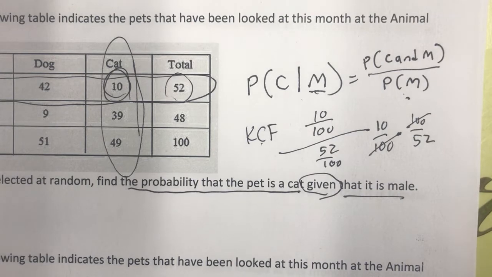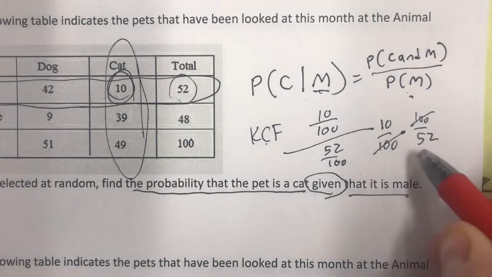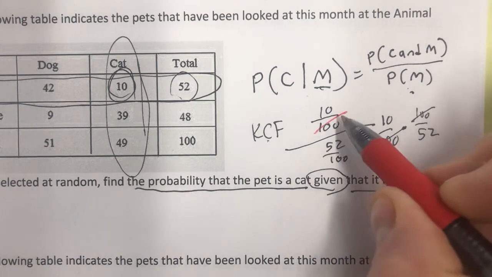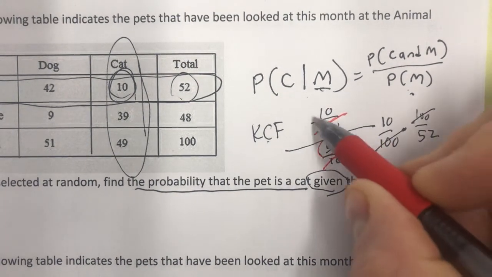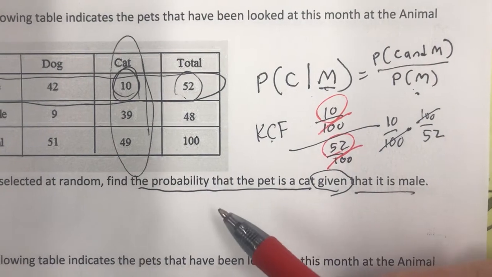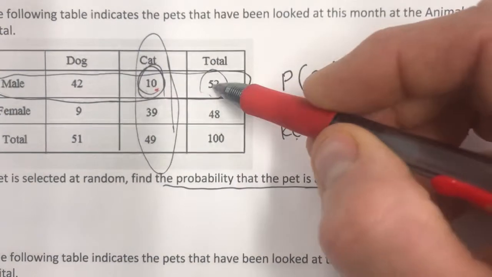So really, the hundreds cancel off. It's just going to be 10 divided by 52. So if I just go back to this, it's just going to be 10 divided by 52 here. And so when I have this contingency table, I can just do 10 divided by 52.